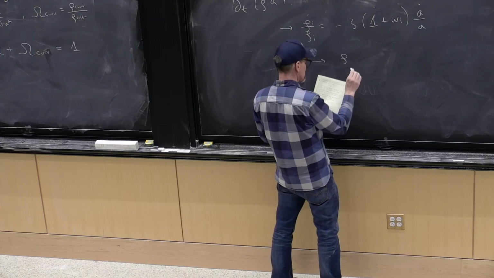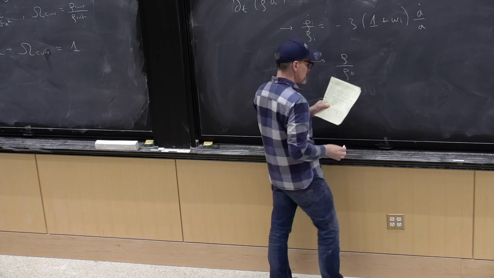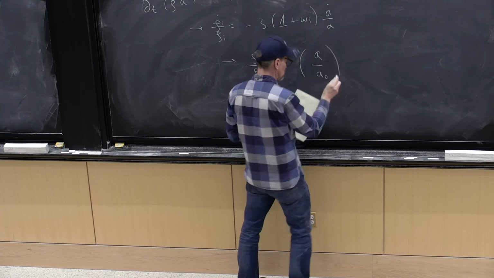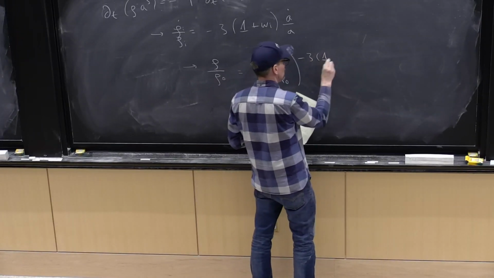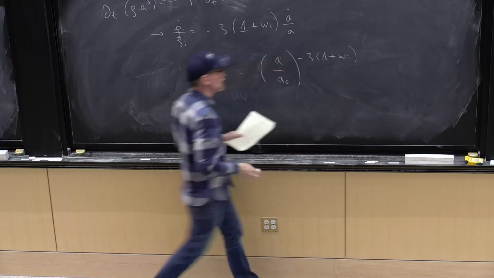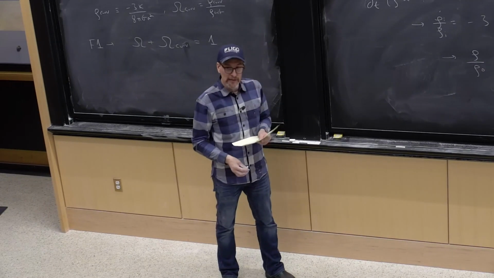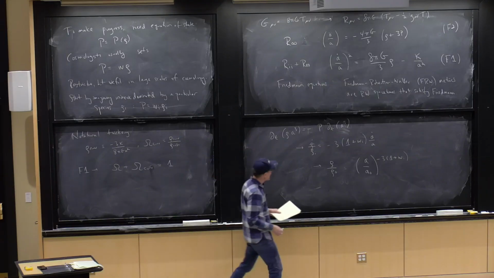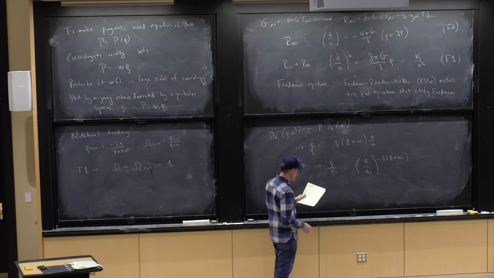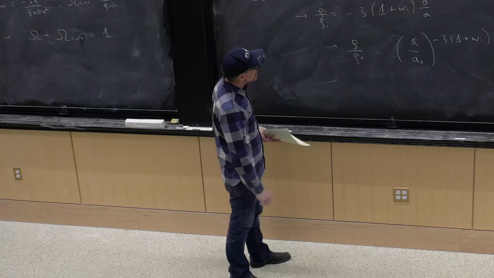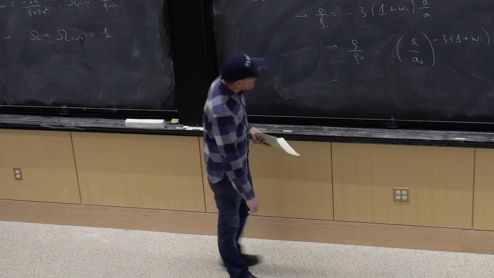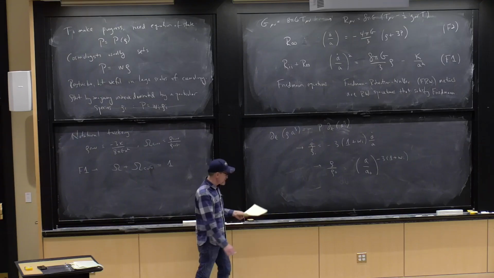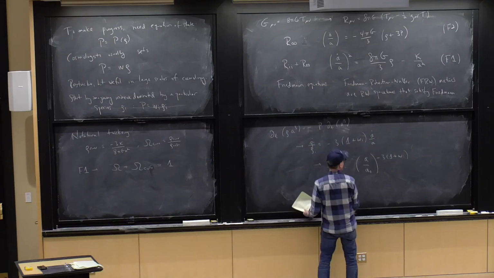And what you see is that rho normalized to some initial value is very simply related to the behavior of the scale factor. If you like, you can set a0 equal to 1 if you make that your stuff now. This gives you a simple relationship that allows you to see how matter behaves as the large-scale structure of the universe changes. Let's look at a couple examples of how this behaves.